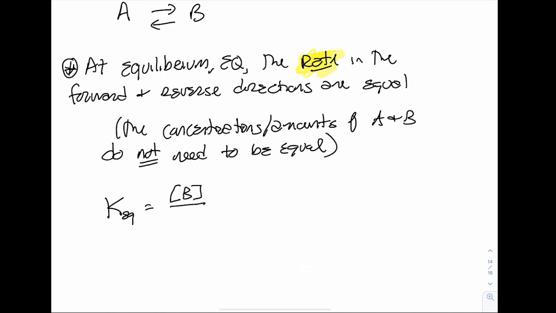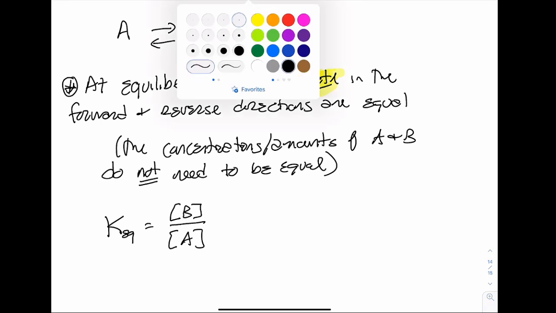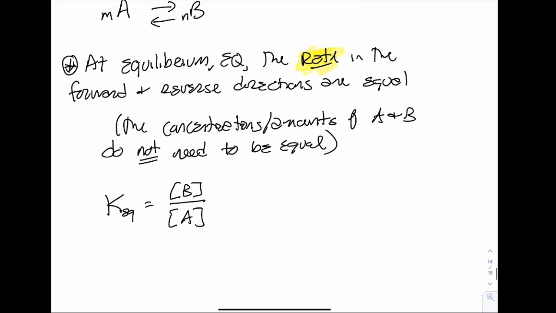So if I put coefficients of, let's say, m and n on them, then I would raise A to the m power and B to the n power. So if I had 2 moles, A would be raised to the second power. If I had 3 moles, B would be raised to the third power. However many moles I have, the coefficient. So products over reactants raised to a power equal to their coefficient.